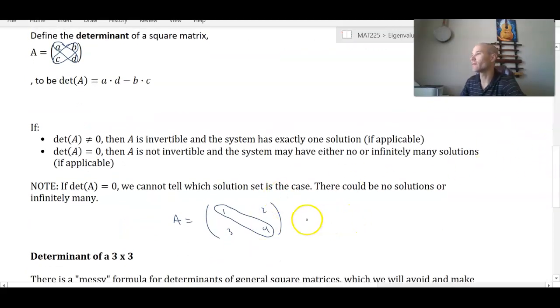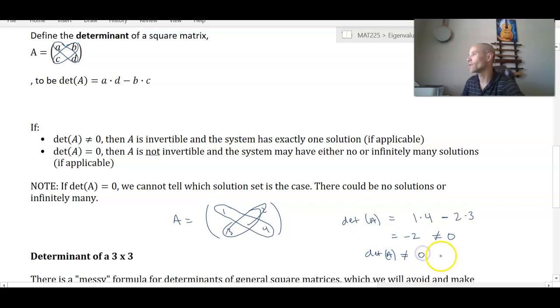So we'll have the determinant of A is 1 times 4 minus 2 times 3, which is 4 minus 6, which is negative 2. Negative 2 is not equal to 0. So the determinant of A is not equal to 0. Our conclusion is A inverse exists.